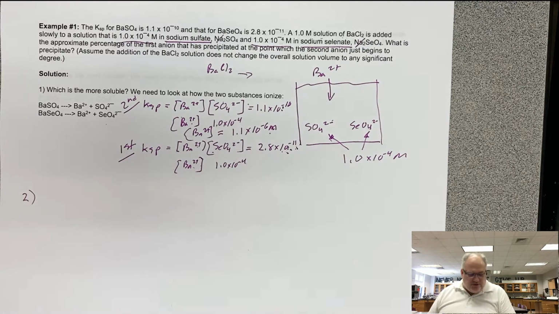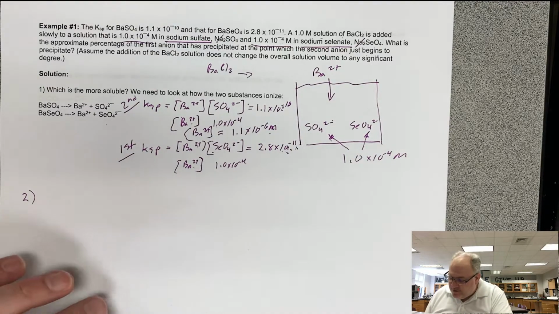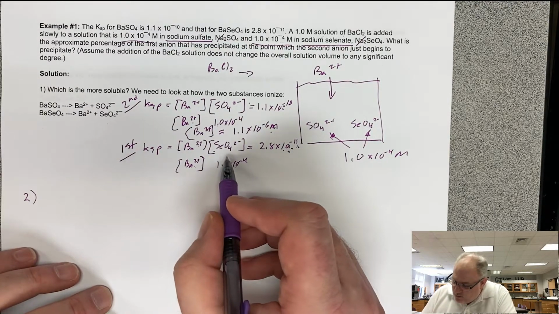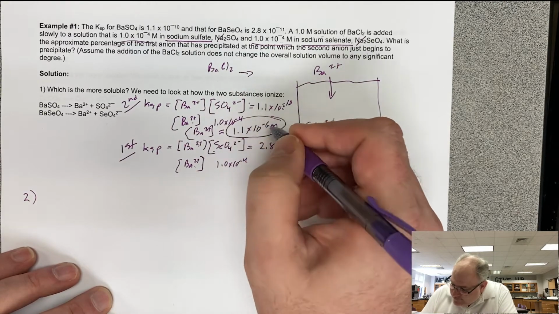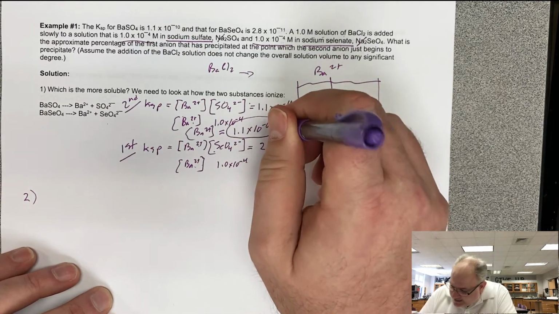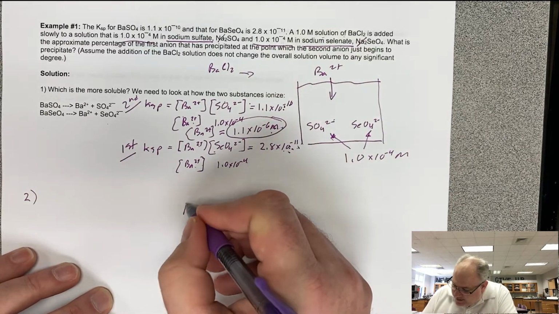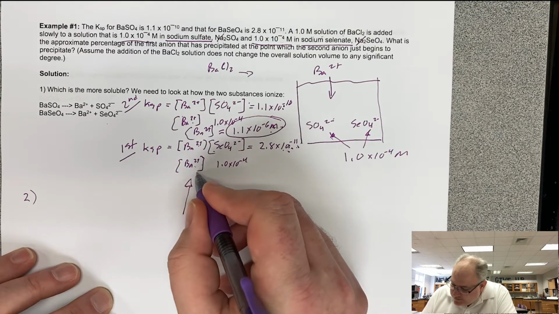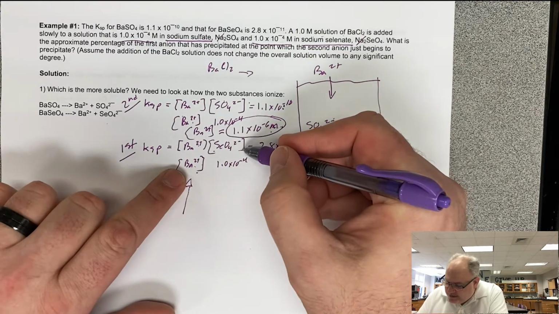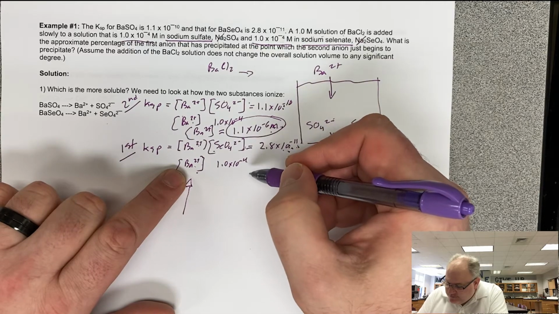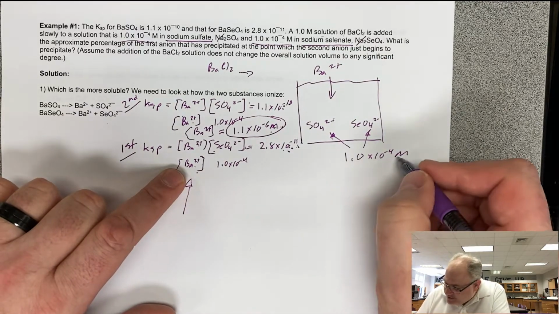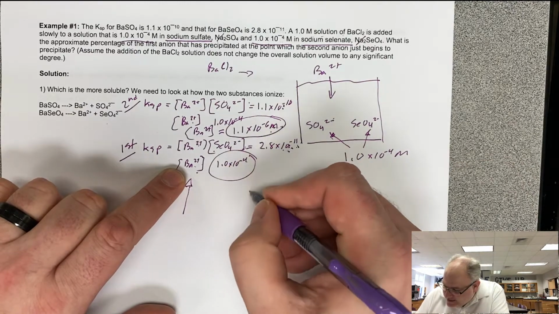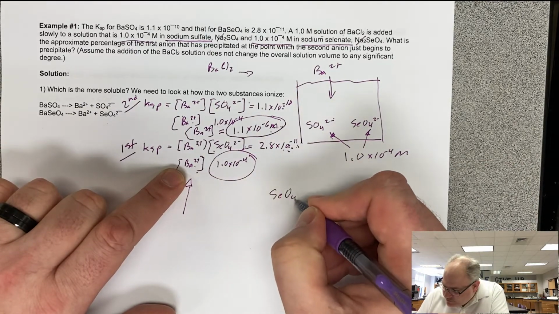Now, let me show you some mathematics here that you're going to love. Watch. If I take this Ba value right here, this is when the second thing starts to precipitate, and I plug it into the first equation, wouldn't I be able to know how much of the SeO4 2- is left? Let me say that a different way. We start off in our container with 1.0 times 10 to the negative 4 of our SeO4 2-.